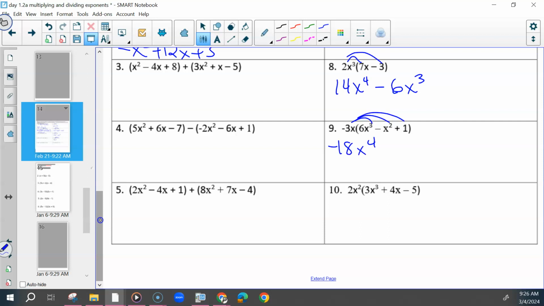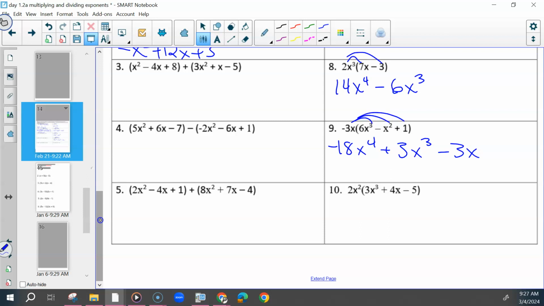Then x to the third, and then what's the last term? Minus 3x. Notice that in all of these we are not doing anything else. Once it's here, it's done. We're not combining the exponents, changing them, nothing else. That is just your answer.